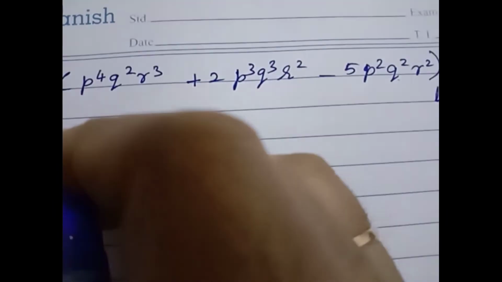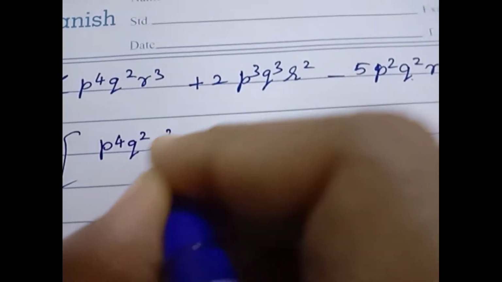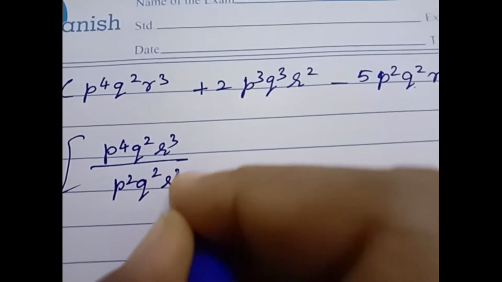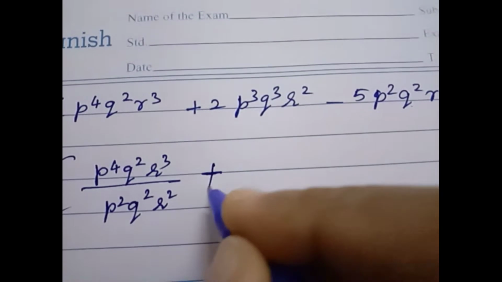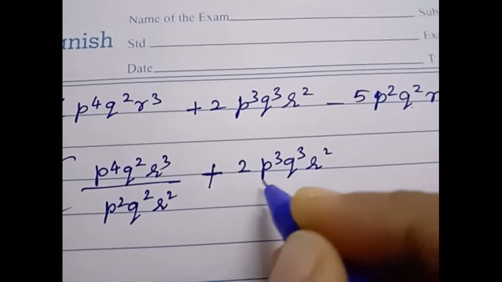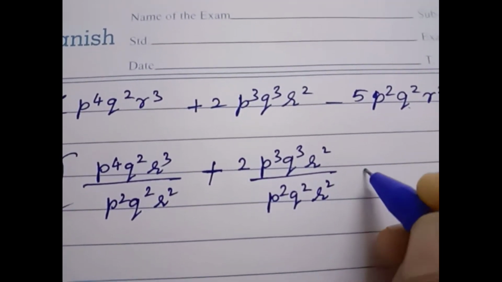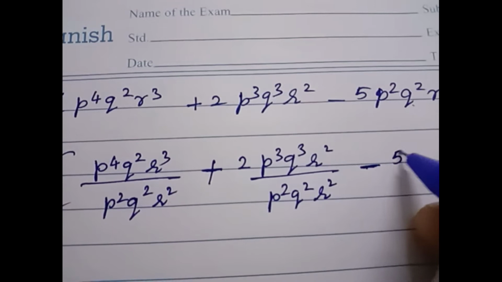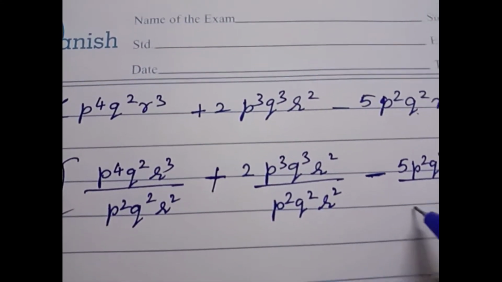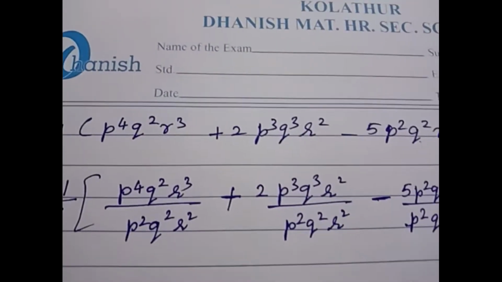Take the constant term outside and then p power 4 r cube by p square q square r square, plus 2p cube q cube r square by p square q square r square, minus 5p square q square r square by p square q square r square.